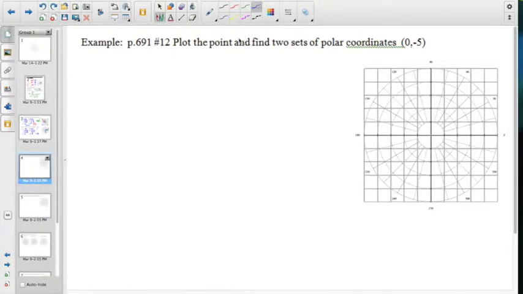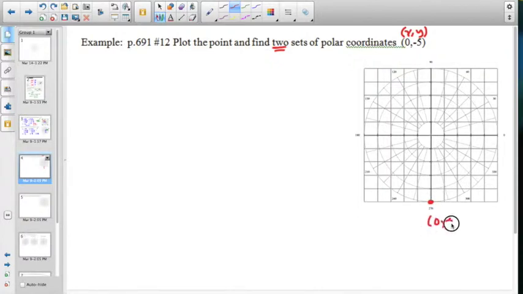Okay, as I mentioned earlier, with polar coordinates you can find multiple sets to express the same location on the graph. So here's our Cartesian point 0, -5. So 0 over, down 5: 1, 2, 3, 4, 5. So this is the point we're talking about on the Cartesian plane.